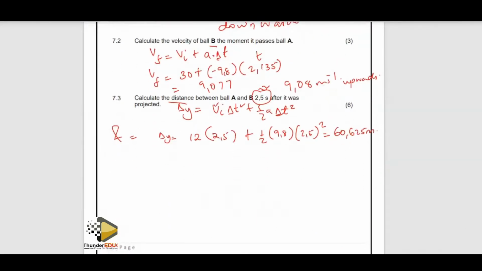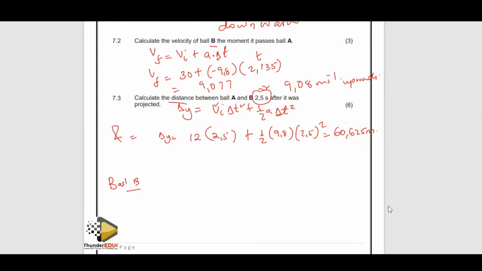And then when I look at ball B, okay, let me say what is 80 minus 60.625, which is 19, something. Oh, that makes sense.